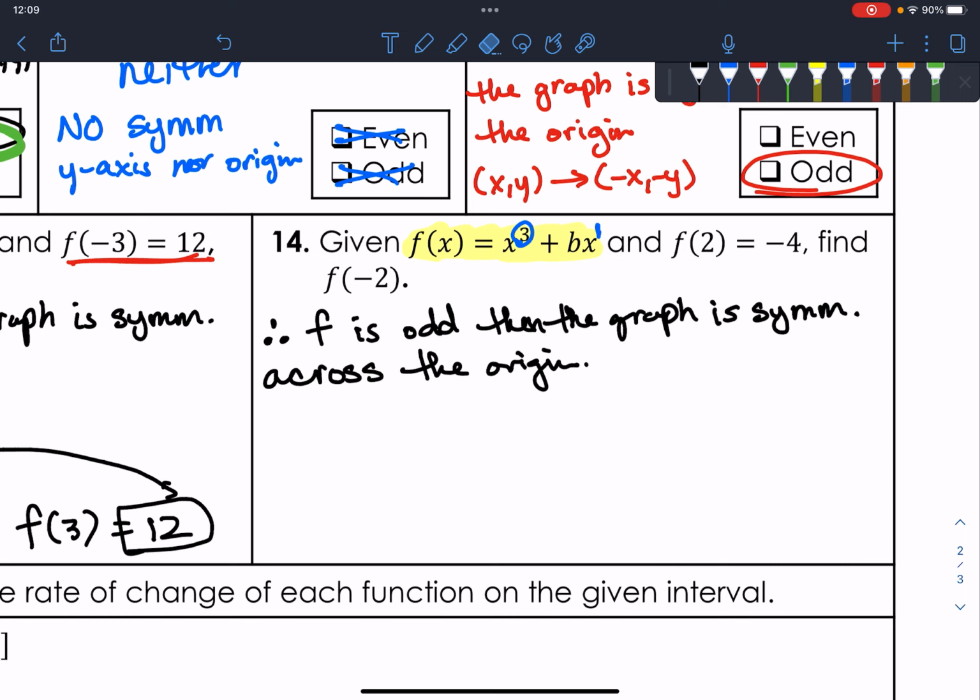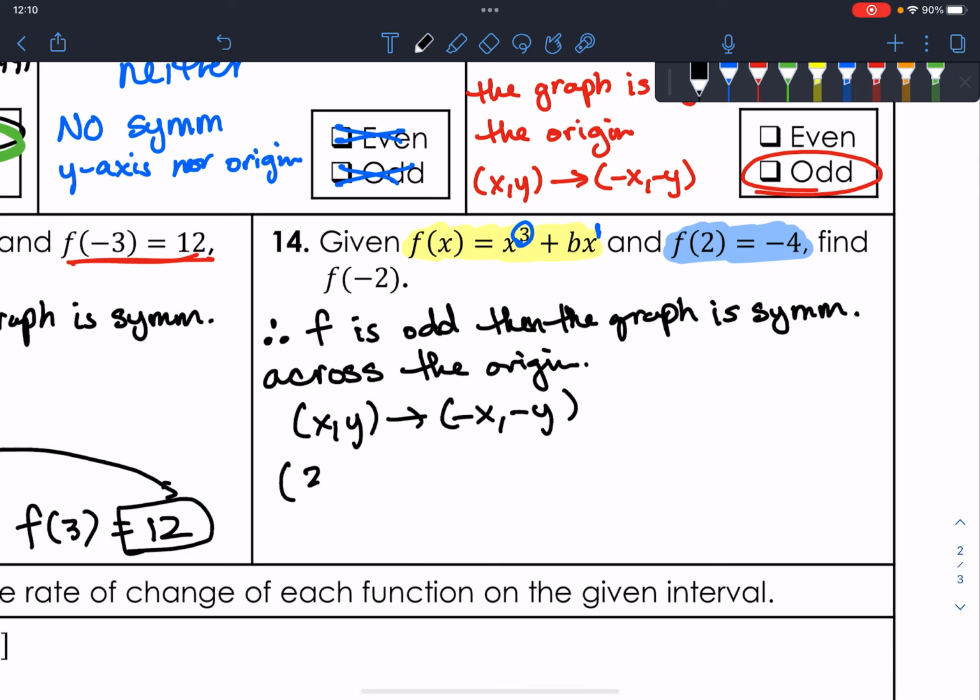And well, why is that important? Well, because we now know again that all odd functions are symmetrical through the origin, that means that for every x, y that's on the graph, the opposite x is going to give us our opposite y value. And again, I am providing that information for you. I'm telling you that f of 2 is equal to negative 4, meaning that we have the point 2, negative 4 on the graph.